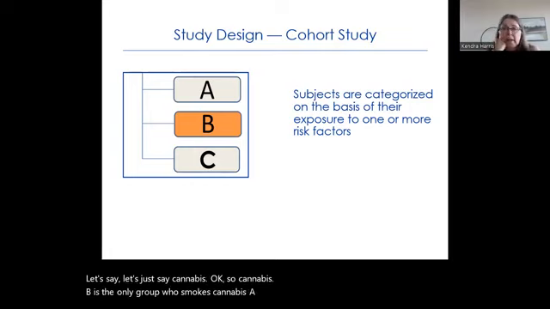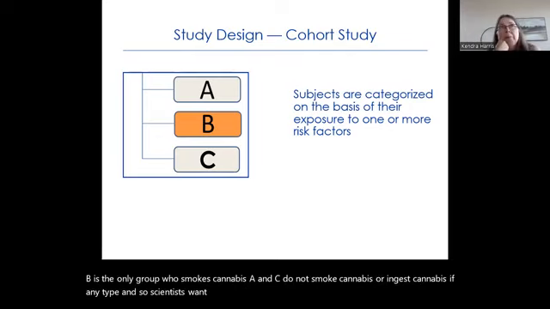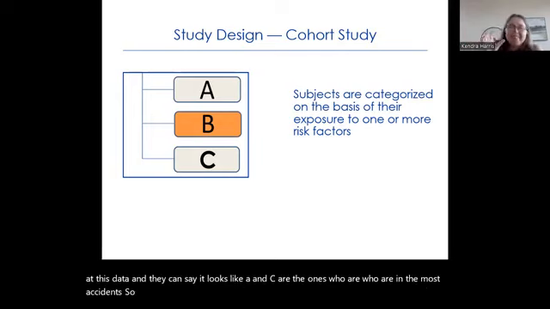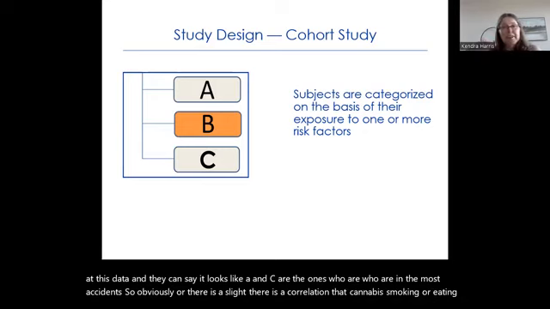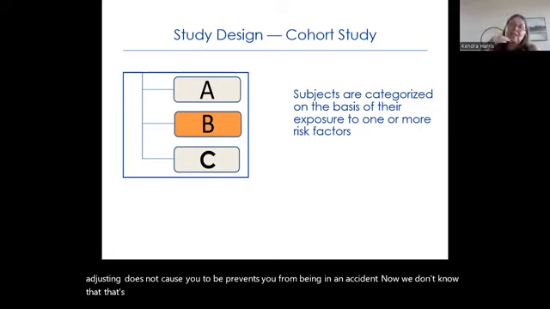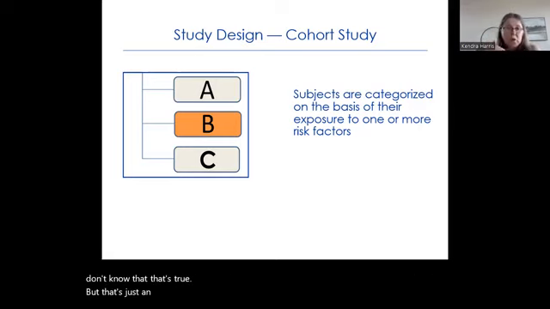A and C do not smoke cannabis or ingest cannabis of any type. Scientists want to know who is in more automobile accidents. They can look at this data and say, it looks like A and C are the ones who are in the most accidents. So there is a correlation that cannabis smoking or ingesting prevents you from being in an accident. Now, we don't know that that's true, but that's just an example of how you would use a cohort study to take a look at something.